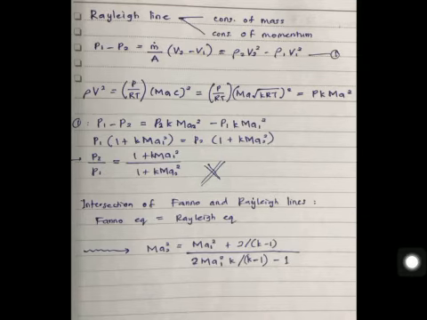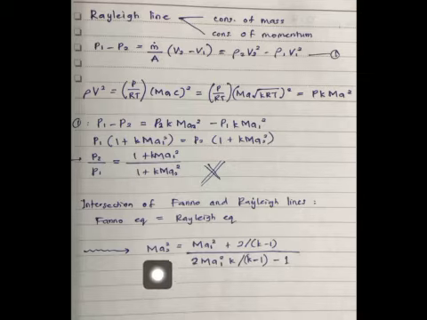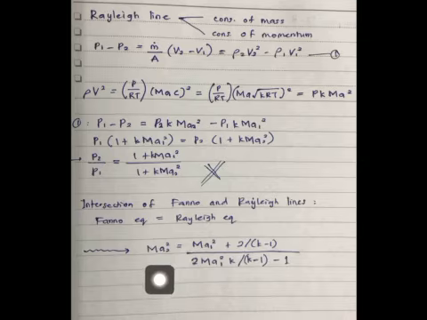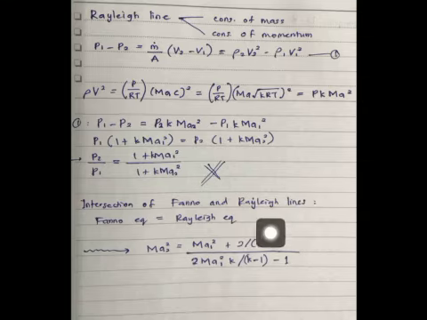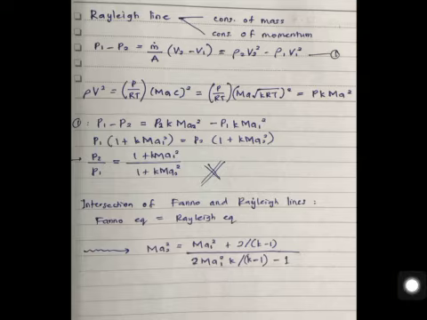And then we want to compare the two lines, the Fanno line and the Rayleigh line. What is the intersection? So we just make the Fanno equation and the Rayleigh equation equal to each other, where the Fanno line also has P2 over P1, and after some rearrangement, there is a long story right here, so we can finally get the comparison between the Mach number at the final condition and the Mach number at the initial condition.